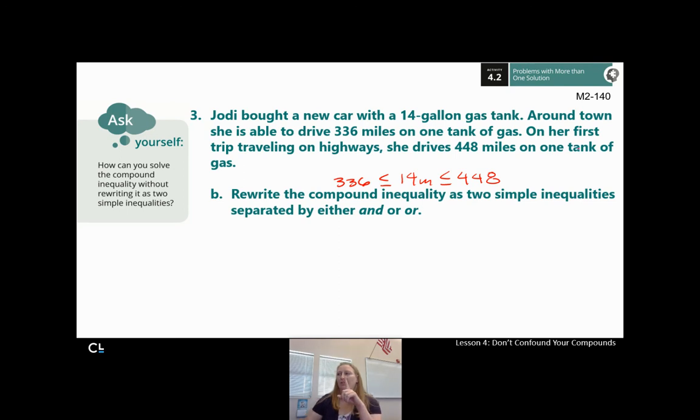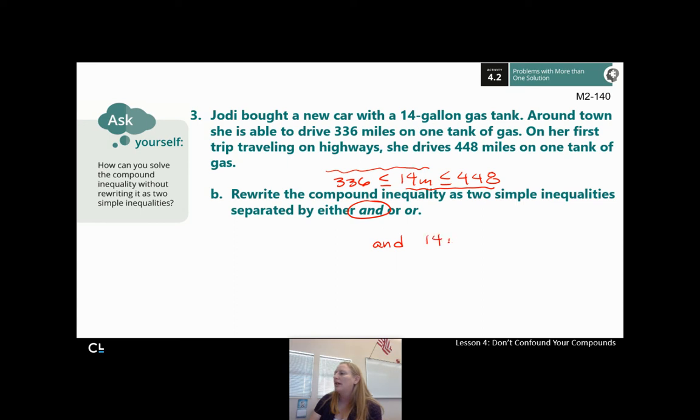So first of all, the fact that it's compound, I know the word and has to be in there, right? The very fact that it's a compact inequality tells me it's the word and, because we said only ands will do the compact inequality. So I know there's an and in the middle. And this part of it is easy. So I'm going to split it up into this half and this half. So this half is easy, right?